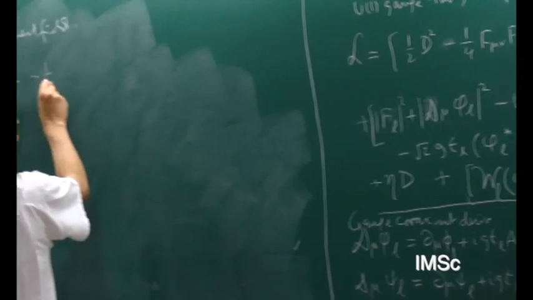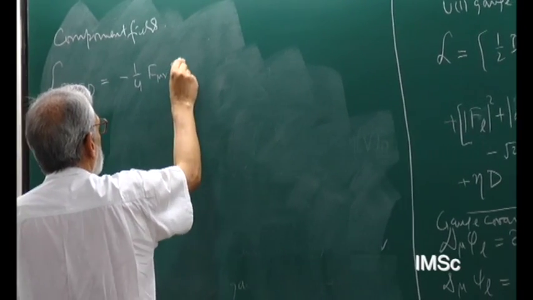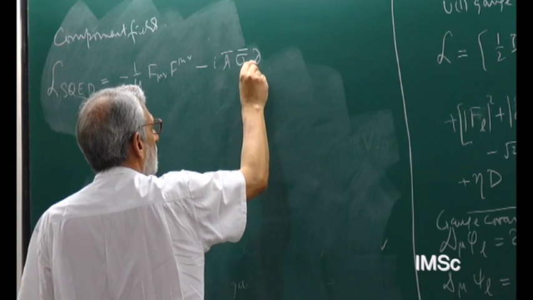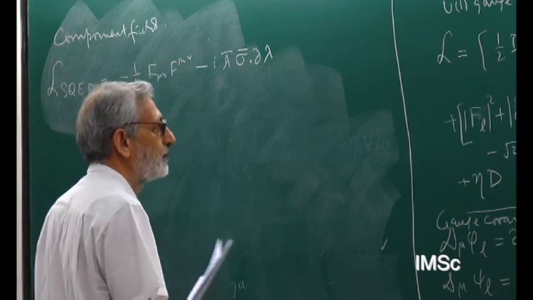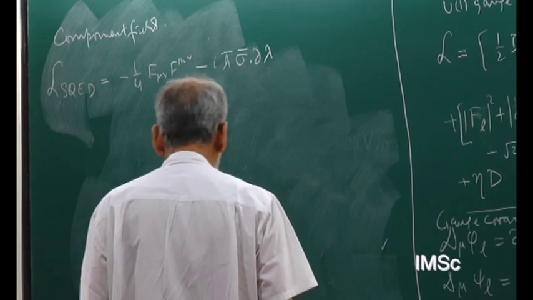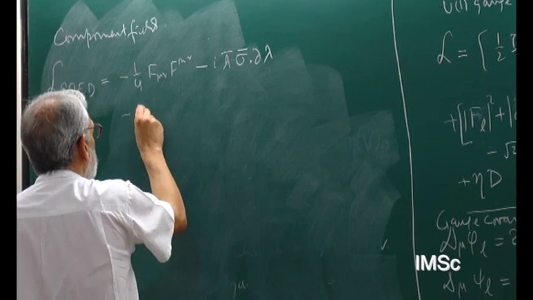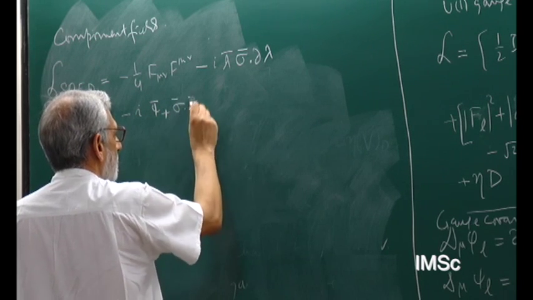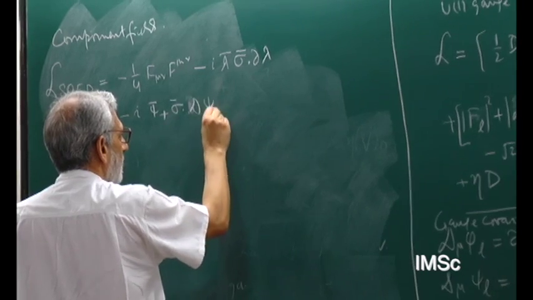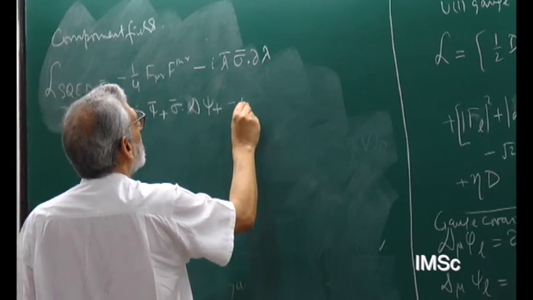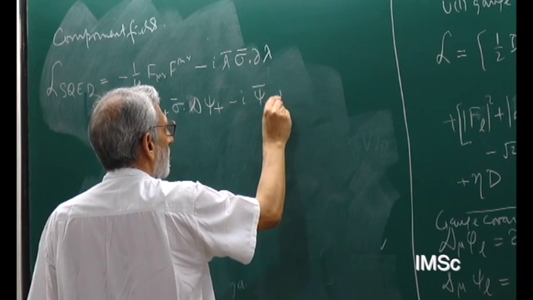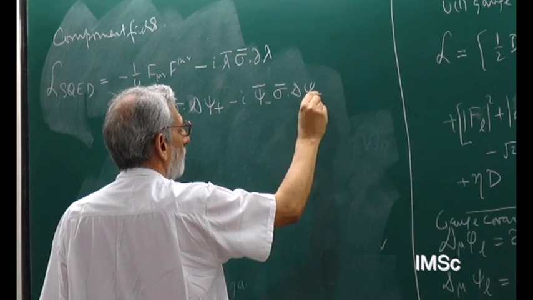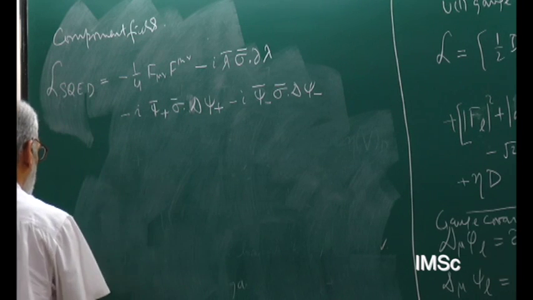So we have minus 1 by 4 F mu nu squared, minus i lambda bar sigma bar dot d lambda, minus i psi plus bar sigma bar dot covariant derivative of psi plus, minus i psi minus bar sigma bar dot covariant derivative of psi minus, where this is the gauge covariant derivative.